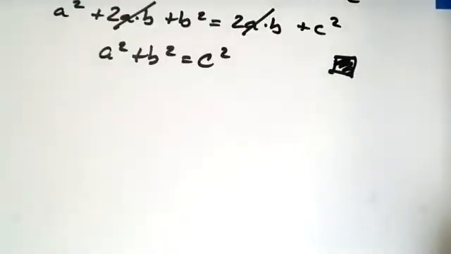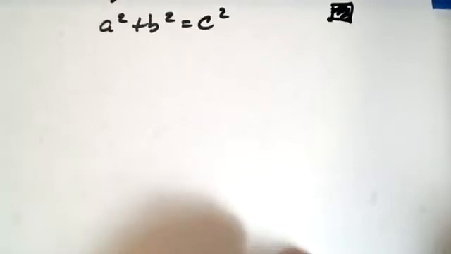So let me start, and I'm going to start on the same page we had before. We're still on page 2, but I'm going to start by just drawing a standard triangle.